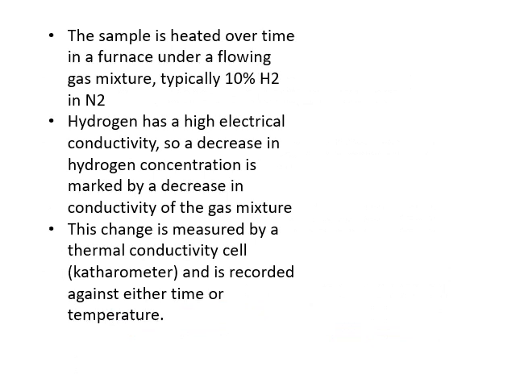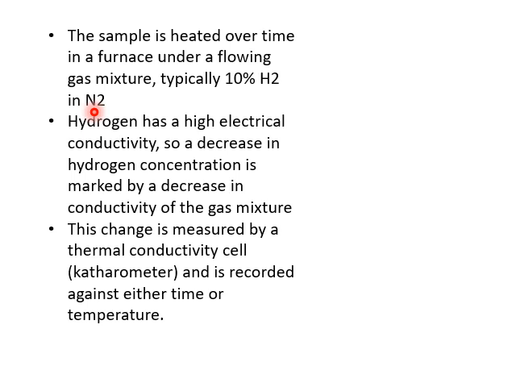The sample is heated over time in a furnace. So for heating purposes, a furnace is used in the TPR technique, and the gases used are 10% hydrogen and 90% nitrogen. 100% hydrogen is not used, only 10% hydrogen, and nitrogen is an inert gas.